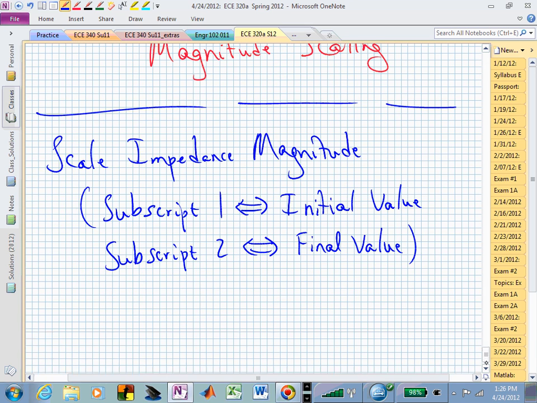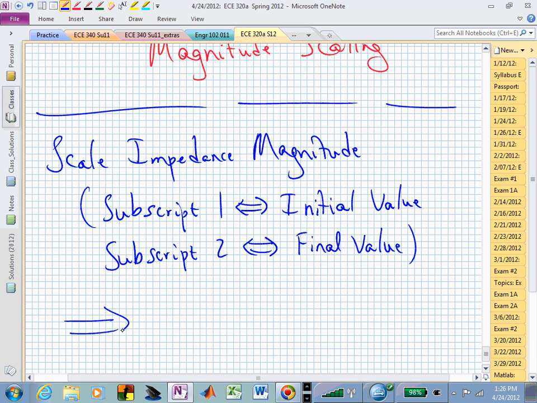And now I want to scale the impedance magnitude. What I'm saying is I want my scaled impedance, Z sub 2, to be some positive multiple of Z sub 1.